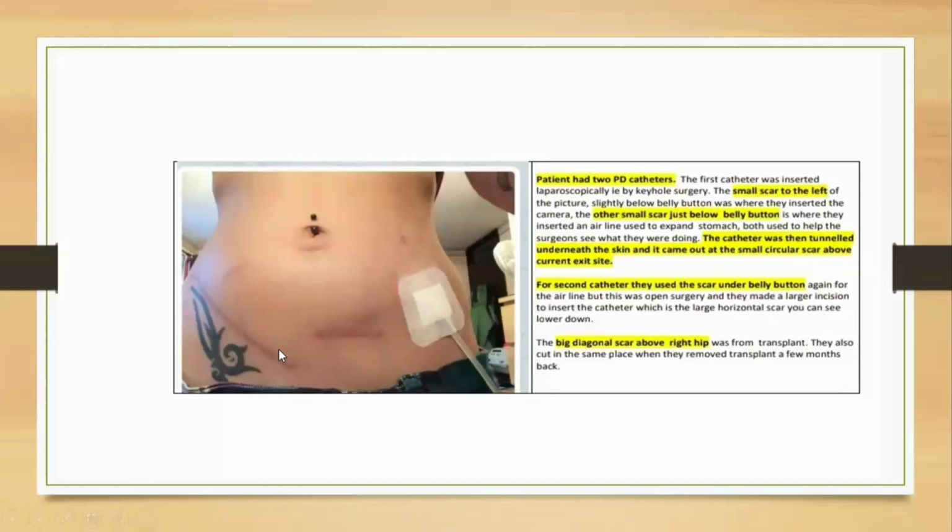And this palpable mass most probably will be the kidney. This is a sign that the transplant is working well, because if the transplant has failed, the transplanted kidney will be shrunken. But it doesn't mean that 100% if there is no mass, the transplant is failing.